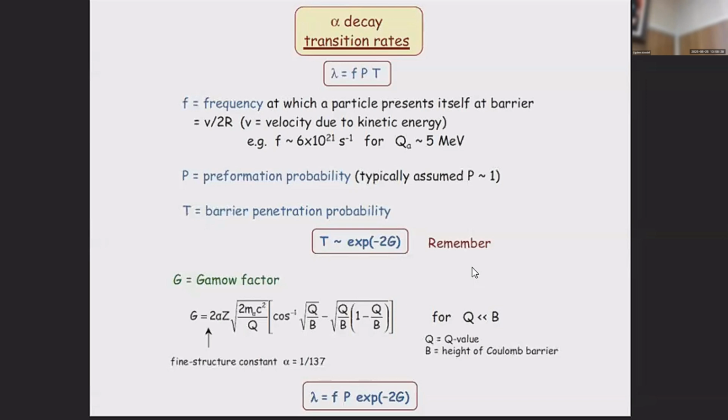Yes, of course. Okay. Yeah, I mean, but this is a theoretical way of telling where the alpha particle is, what the energy is, how it behaves, and etc. This is, of course, a kind of empirical approximation, but it works.